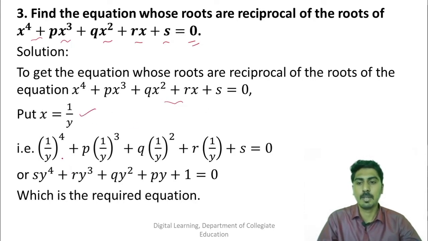I get 1 by y whole power 4 plus p into 1 by y whole cube plus q into 1 by y whole square plus r into 1 by y plus s equal to 0. Now you multiply throughout by y to the power of 4, you get the desired equation.